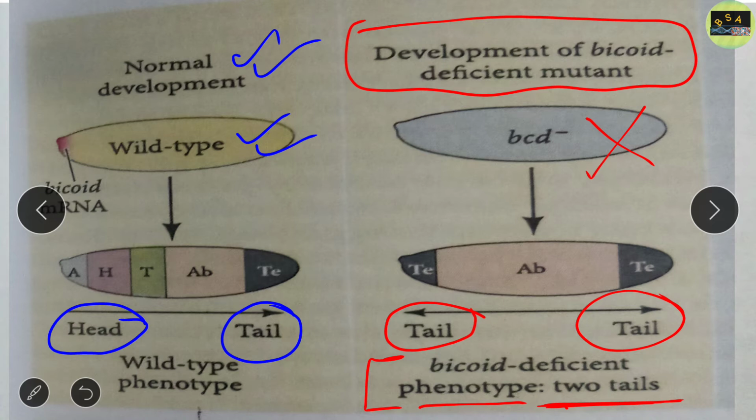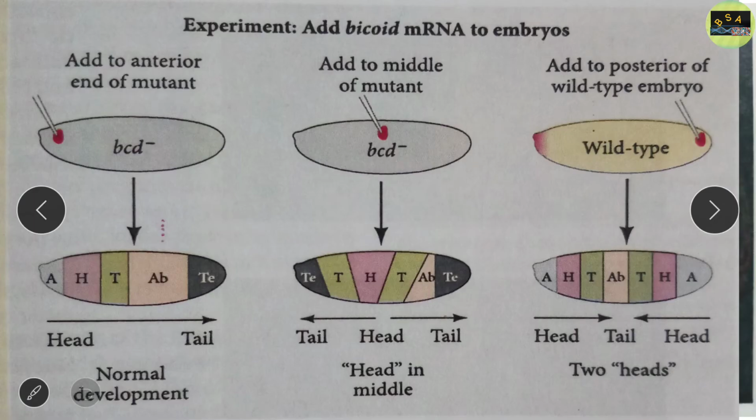Next, now look at this figure. If we add bicoid mRNA to the embryos, what will we see? Suppose in the first case we add the bicoid mRNA at the anterior end.